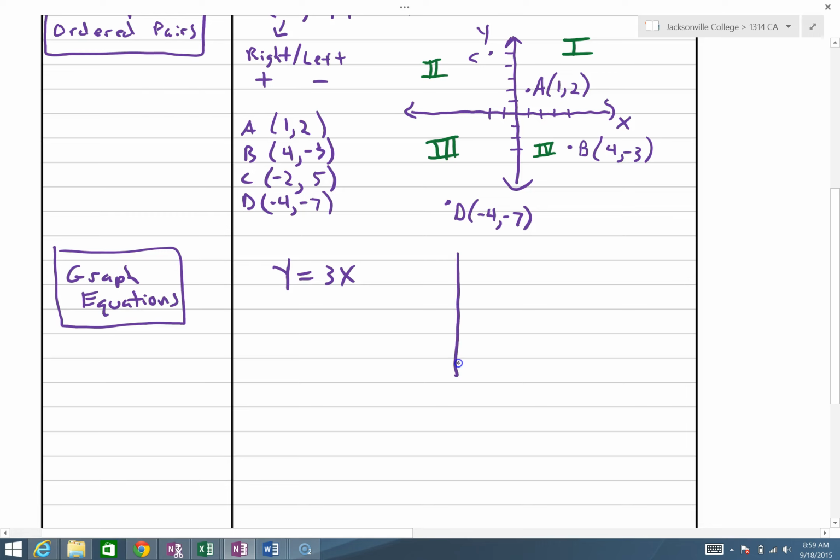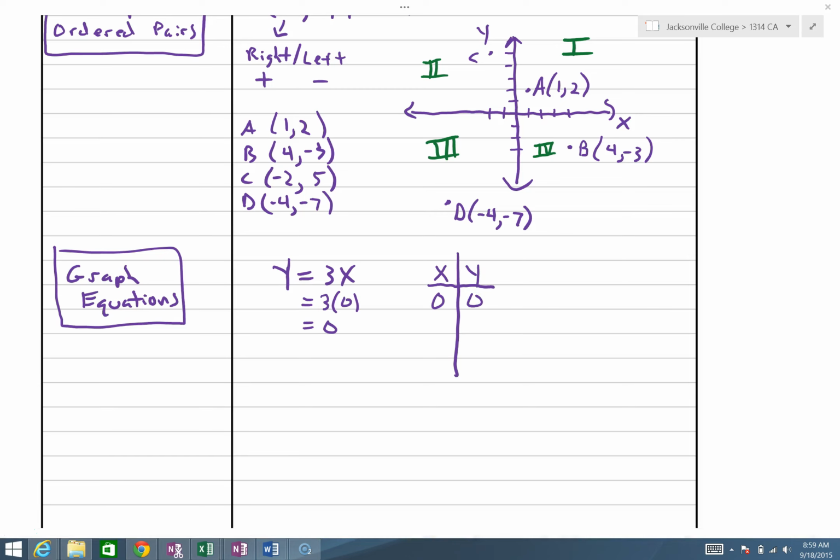So all I'm going to do is generate a couple of points using this equation. X I can let be anything. So I'm going to say, hey, let's let x be 0. Substituting 0 in place of x. 3 times 0, well, we know 3 times 0 is equal to 0. So what we have found is when x is 0, y too is 0.